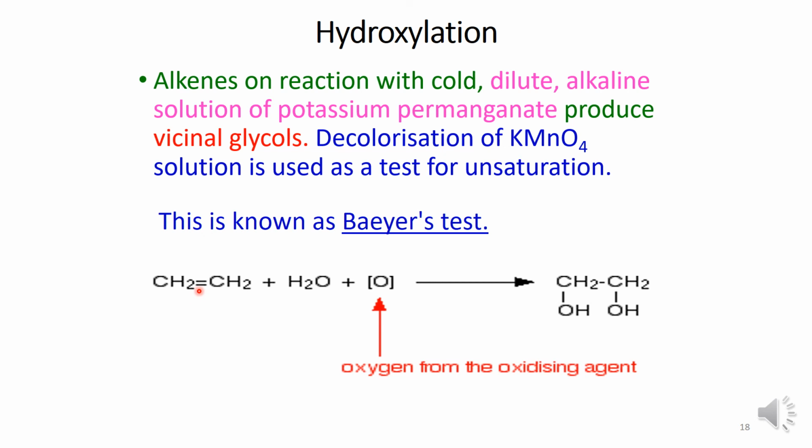This is also a test by which we can identify unsaturation in a given compound. So this is the alkaline potassium permanganate, which gives us nascent oxygen in aqueous solution, and on treatment with ethene we get ethene glycol.